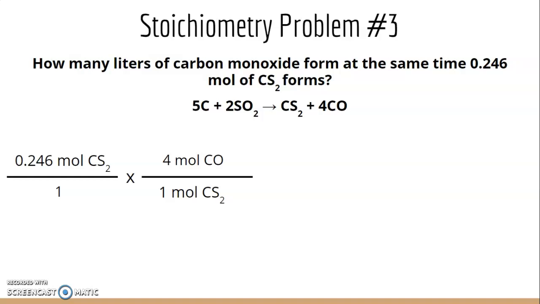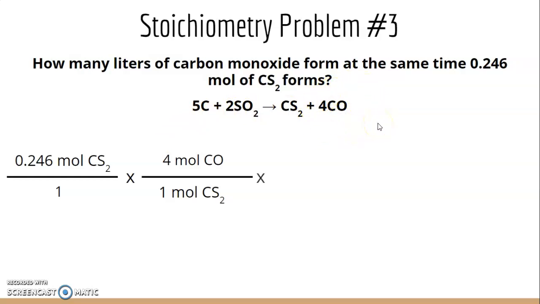So that is why we're not jumping right into liters. We are jumping to convert from moles of one value to moles of another value. And how do we get 4? Well, that's fairly simple. We get 4 right from our chemical equation.